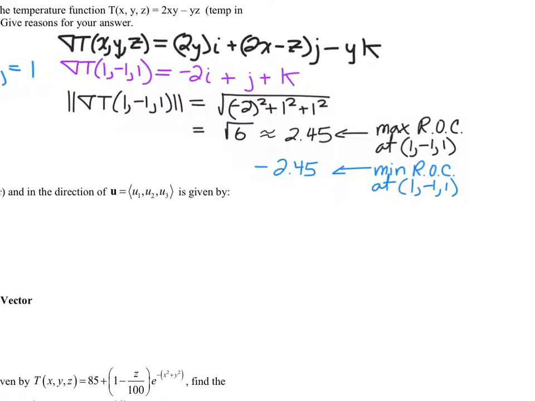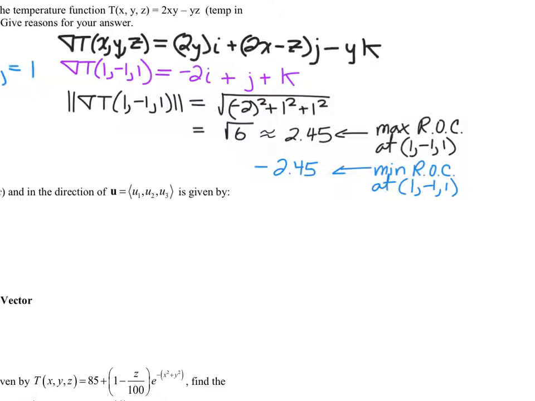So what it's telling us is that no matter what direction I go off in from the coordinates (1, -1, 1), following the surface, I can achieve a maximum rate of change that is no greater than 2.45 and a minimum rate of change that is no less than negative 2.45. Right? Everything has to be in between. All right, so what we created were constraints.